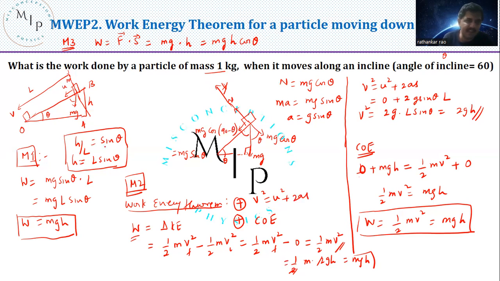Now tell me what is theta? Theta is the angle between the displacement vector and the mg vector. The displacement vector is like this, and the mg vector is also like this. That means they're parallel vectors. When they're parallel vectors, what is the angle? 0, right? So therefore, I can substitute theta equal to 0, and thus I get once again mgh.